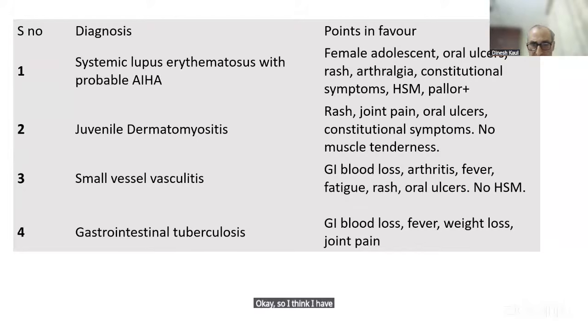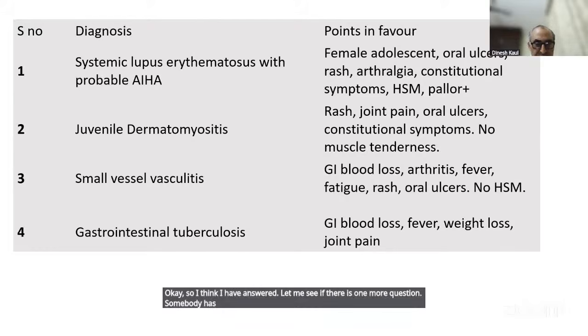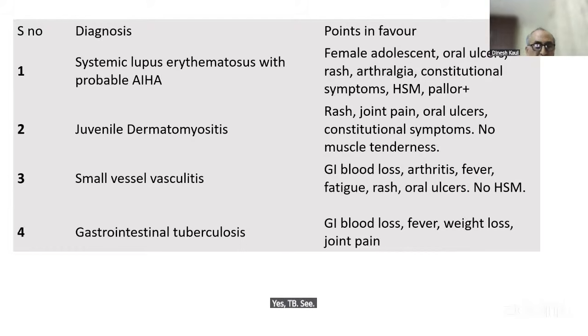Let me see if there is one more question. Somebody has asked, TB can have rash and chronic diseases can lead to aphthous ulcers. See, TB doesn't have a typical maculopapular rash or a rash of seborrheic dermatitis.